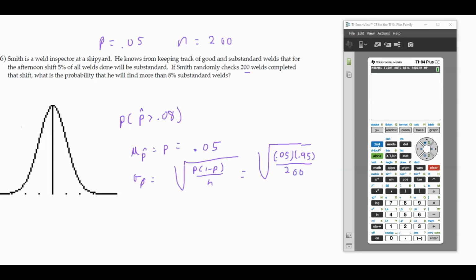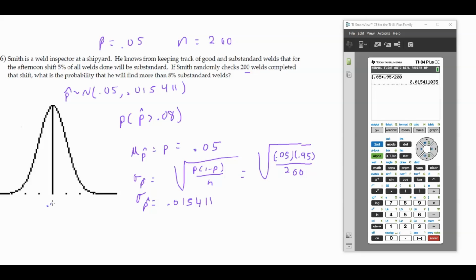And then you just compute that in the calculator. So 0.05 times 0.95 divided by 200, and I get my sigma p hat is equal to 0.015411. I'll carry several decimals.